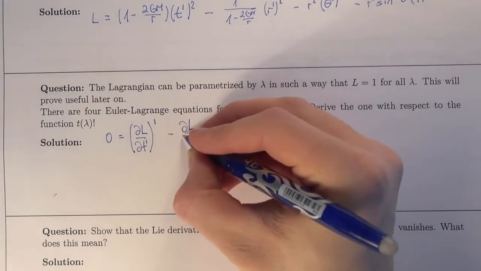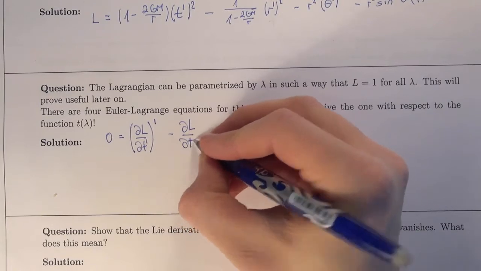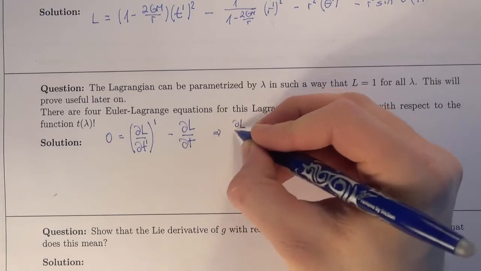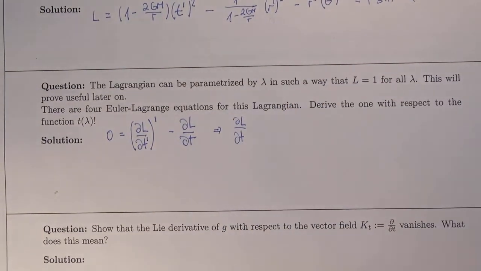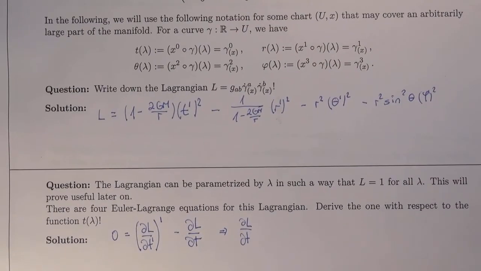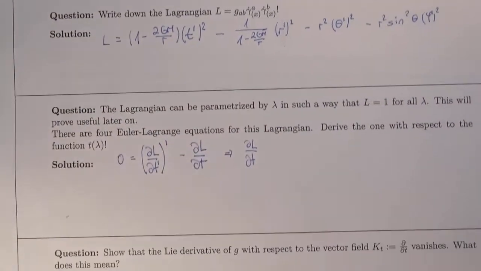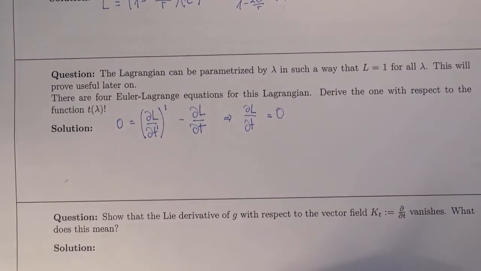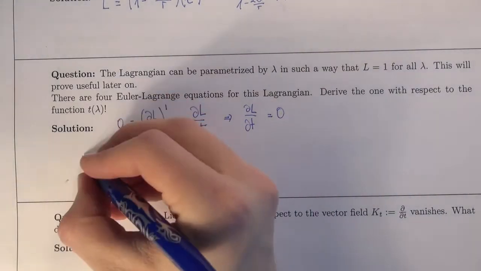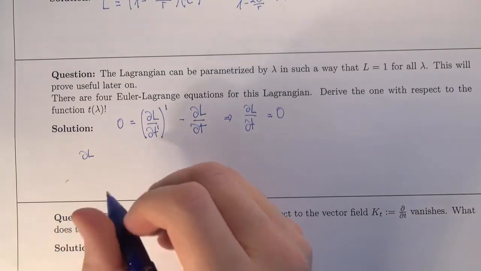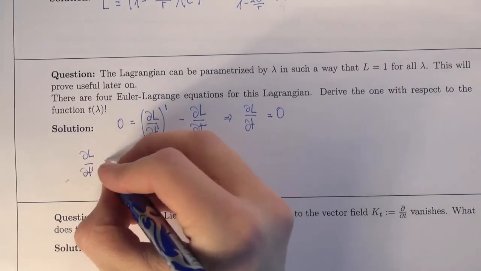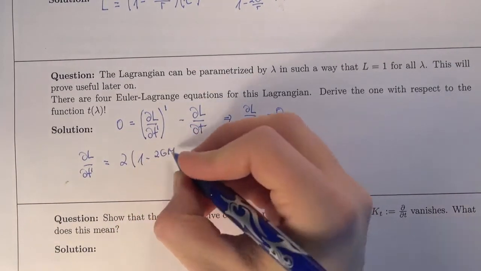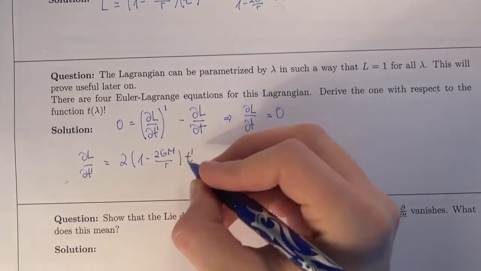and the second term is ∂L/∂t. So we see that the Lagrangian, which we just wrote down, does not depend on t itself, so ∂L/∂t is 0. However, it is dependent on t prime. So we can derive ∂L/∂t prime, which is just 2 times (1 minus 2Gm divided by r) t prime.